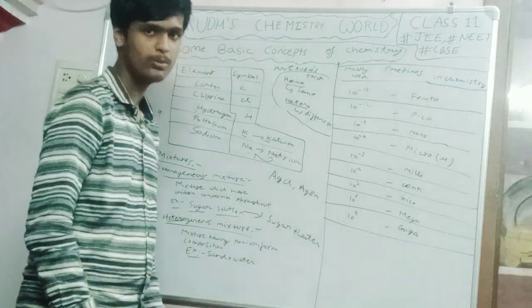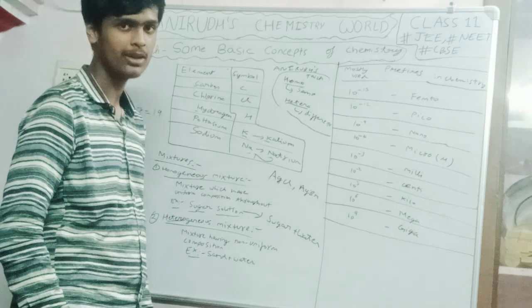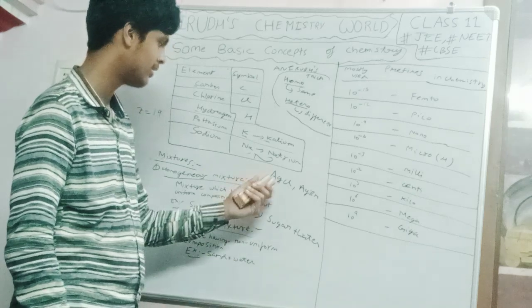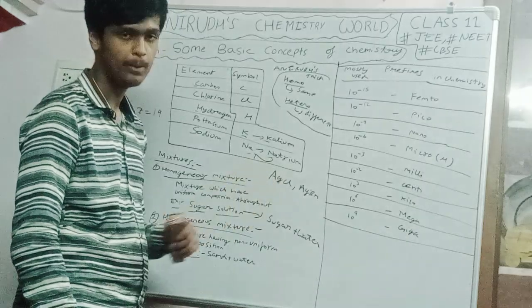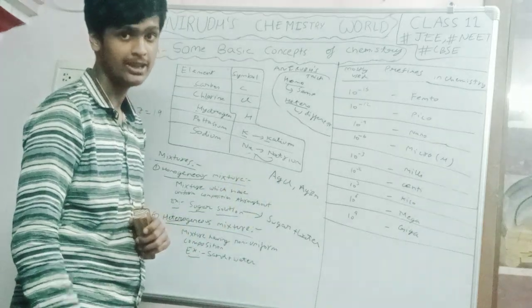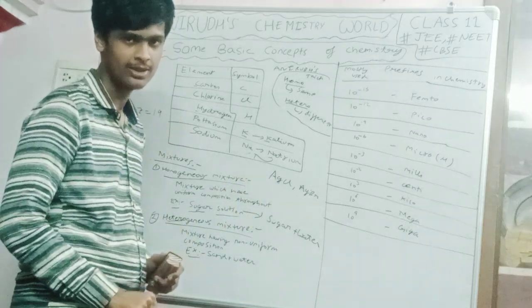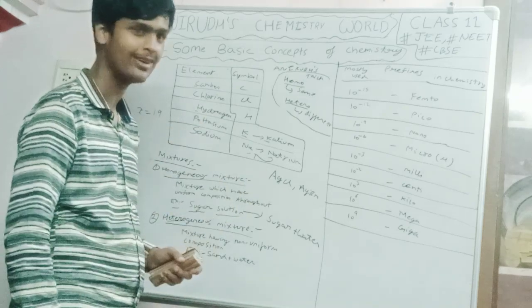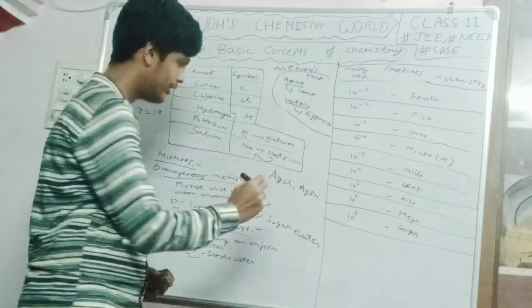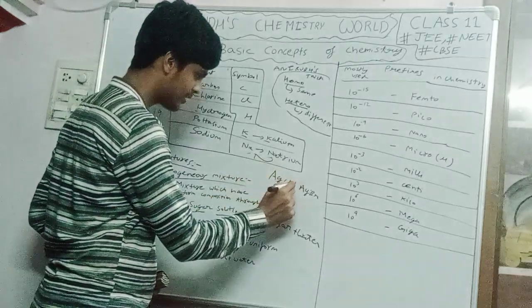In your 10th grade, in the first chemistry chapter, chemical reactions, you might have learned about precipitates. In double decomposition reactions, you will see the formation of a precipitate which settles at the bottom, symbolized with a down arrow.